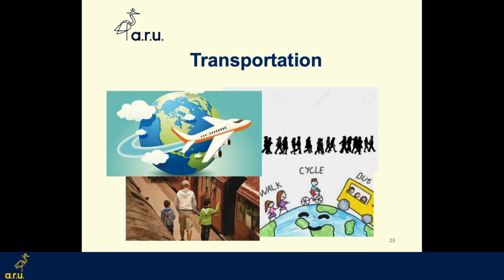You have the international element, where people are flown from one side of the world to the other to be exploited for sex. Sometimes it can just be walking people to the next destination. It involves trains, all forms of transport. And this is where we have to get away from this international phenomenon.